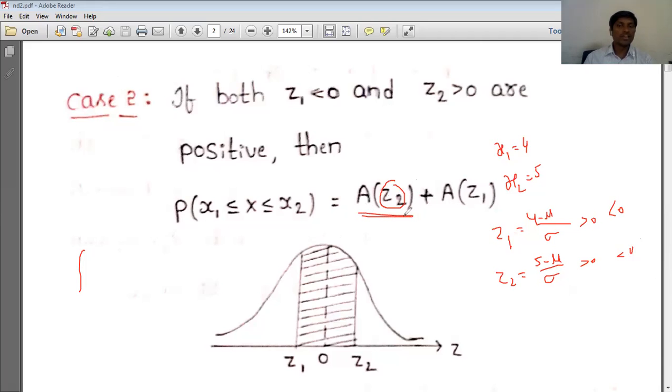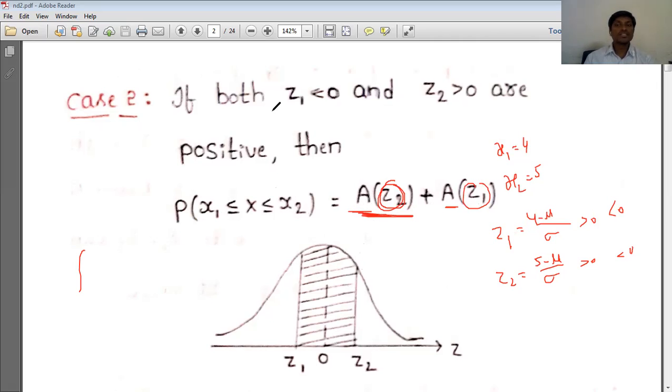We require the area occupied when x lies between x1 and x2. By adding area of z2 plus area of z1, we get the entire area, so we use the normal distribution table for that.